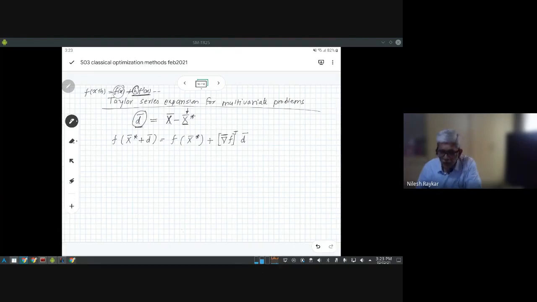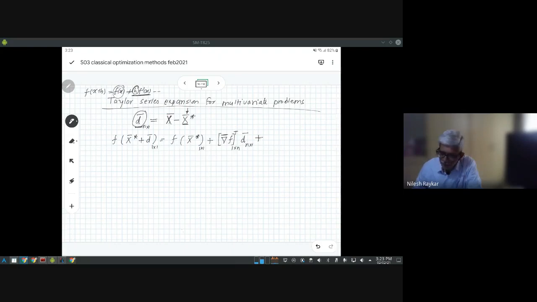So this is 1 by 1. The gradient vector is n by 1, so the transpose of that is 1 by n. And this d bar is n by 1, so n rows, 1 column. So the product is again a scalar.